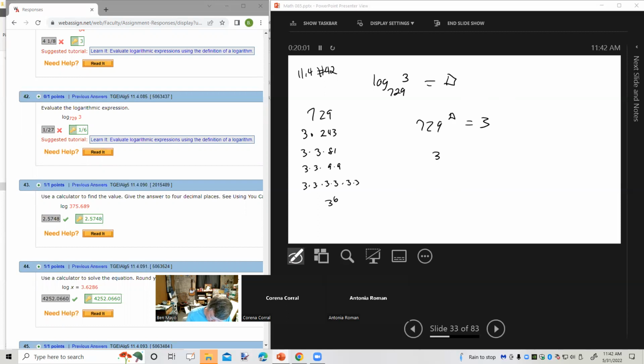So we've got 3 to the 6th power to the box equals 3. But a power raised to a power, you'd multiply the exponents. So 3 to the 6 raised to the box is 3 to the 6th box equals 3. And that's an implied 3 to the 1 power. So 6 box equals 1. Box equals 1/6.